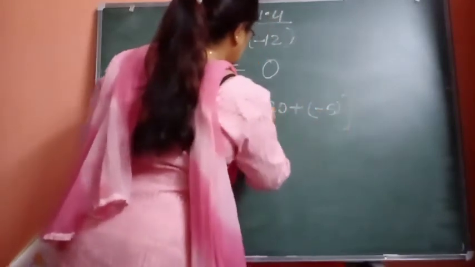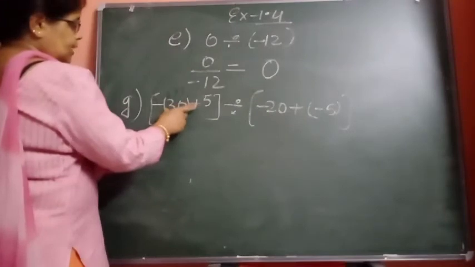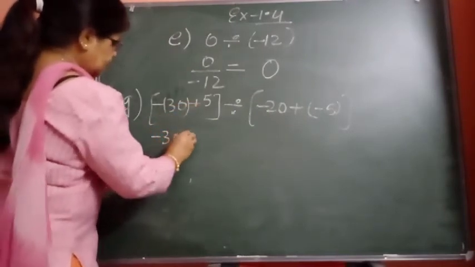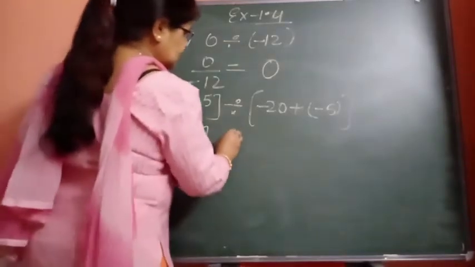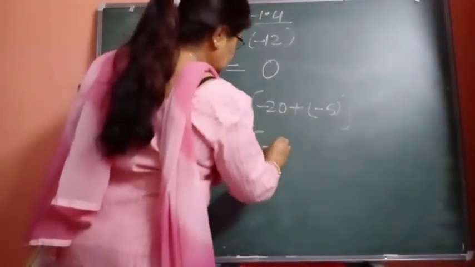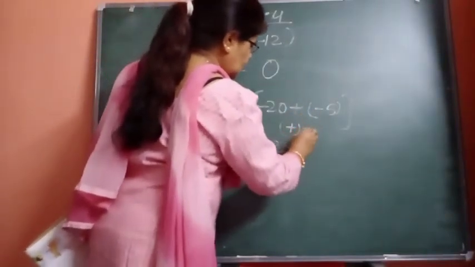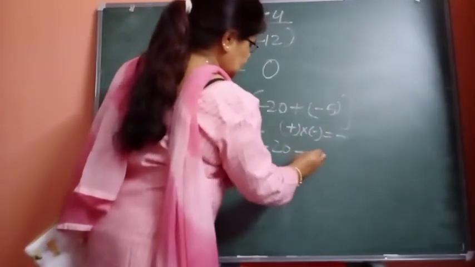Are you getting? First of all, you will solve these values with the integer property. See that, minus 30 plus 5. Write it as divided by minus 20, plus into minus is equal to minus, so minus 5.